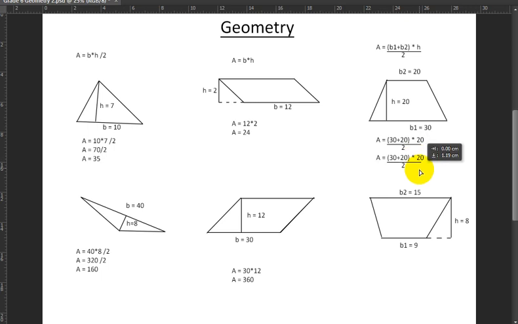And then we'll copy it again, but we are going to do some of the calculations this time. So 30 plus 20, we start off from inside the parentheses, makes 50.